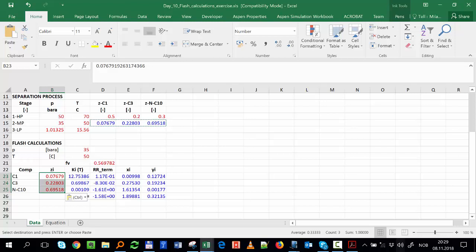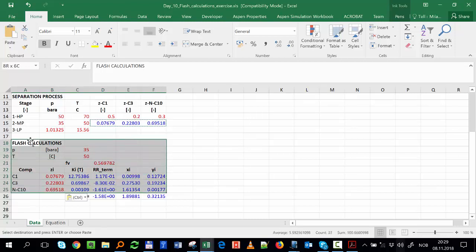Okay? In this section here, I'm making my flash calculation, right? I'm making the calculation of how the vapor and the liquid split. So here I have to put the temperature of my separator, the pressure of my separator, and the inlet composition to my separator.